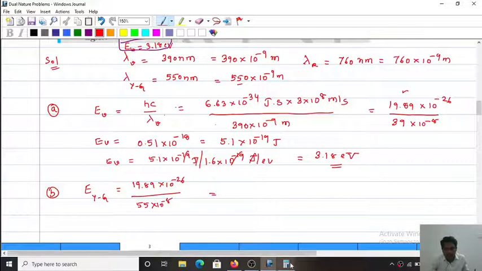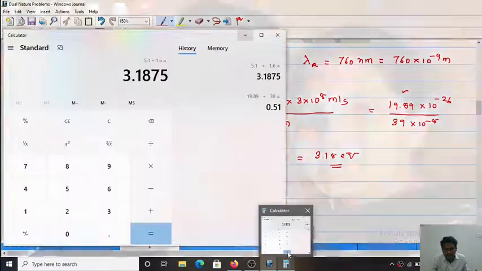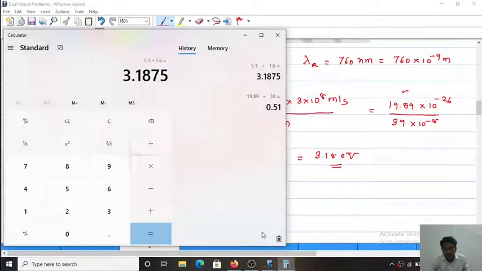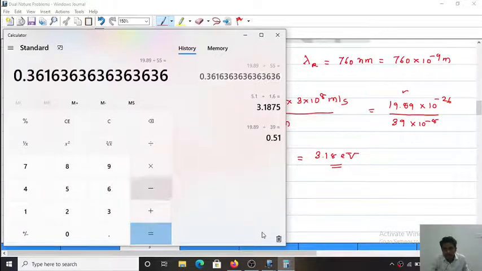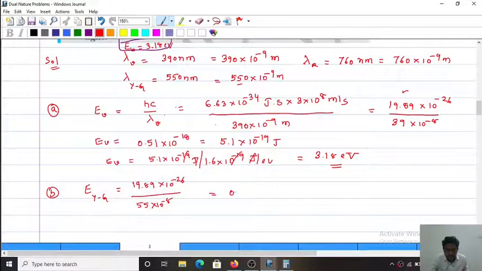So 19.89 divided by 55 is equal to 0.3616, into 10 power of minus 26 plus 8, what do you get, 10 power of minus 18.